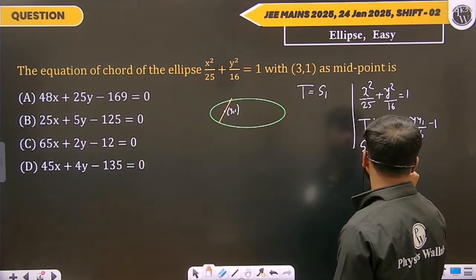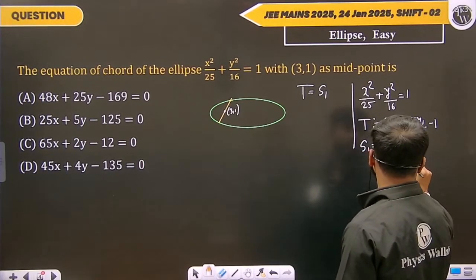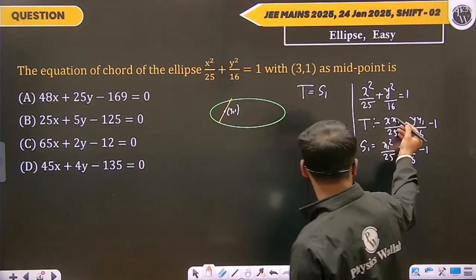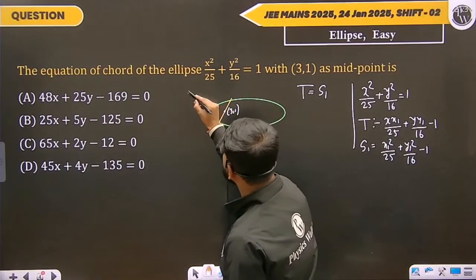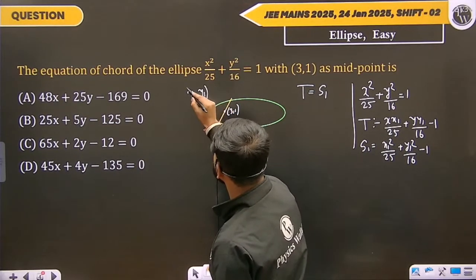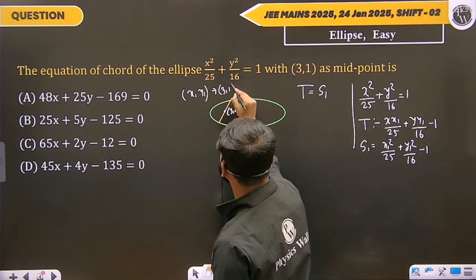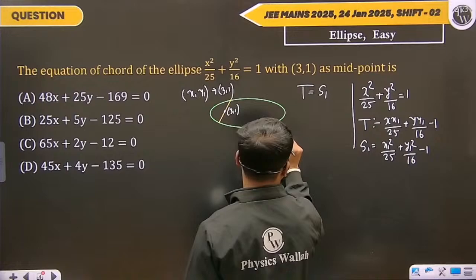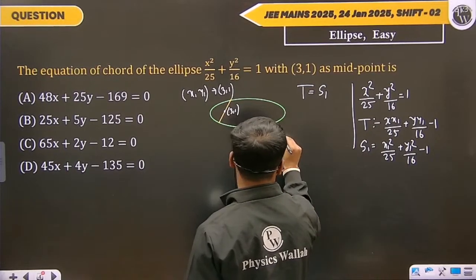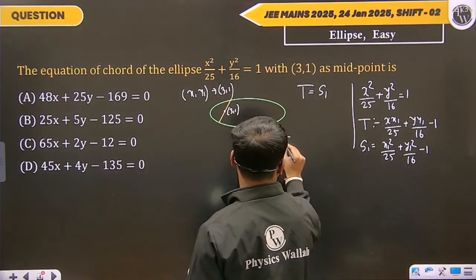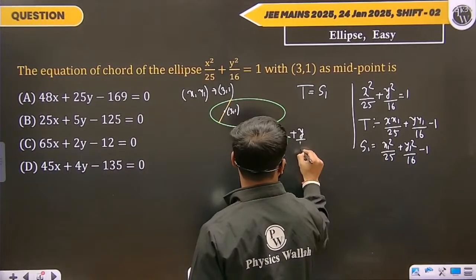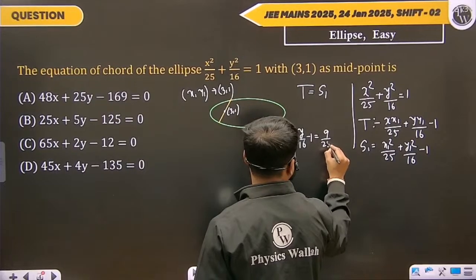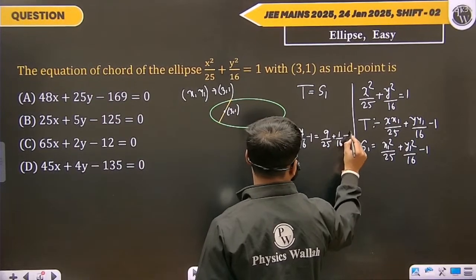Now what are x1 and y1? They are nothing but the middle point. Here (x1, y1) is your (3, 1). So what is the value of T? It is 3x upon 25 plus y upon 16 minus 1 equal to 9 upon 25 plus 1 upon 16 minus 1.